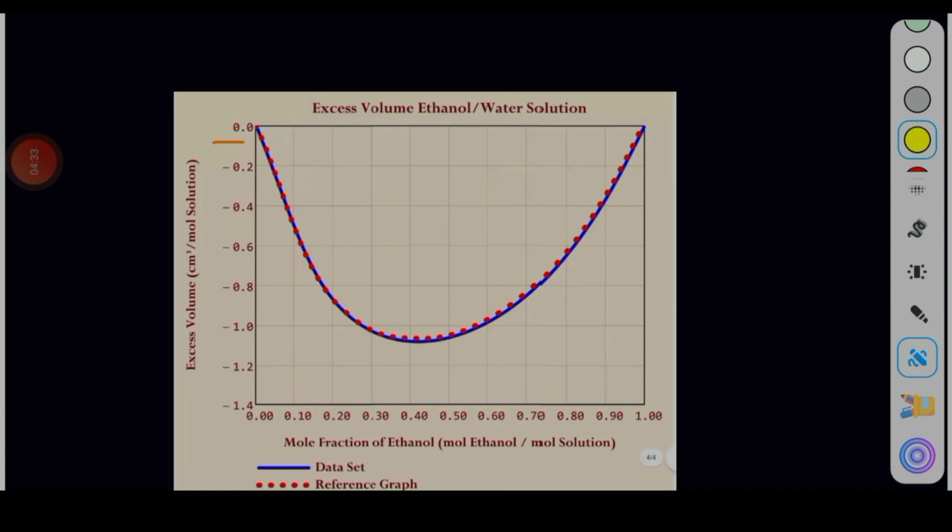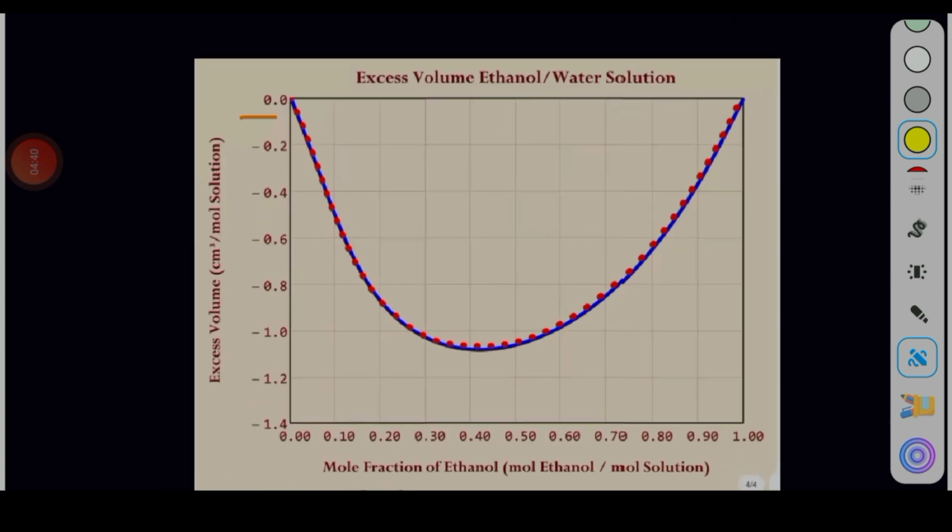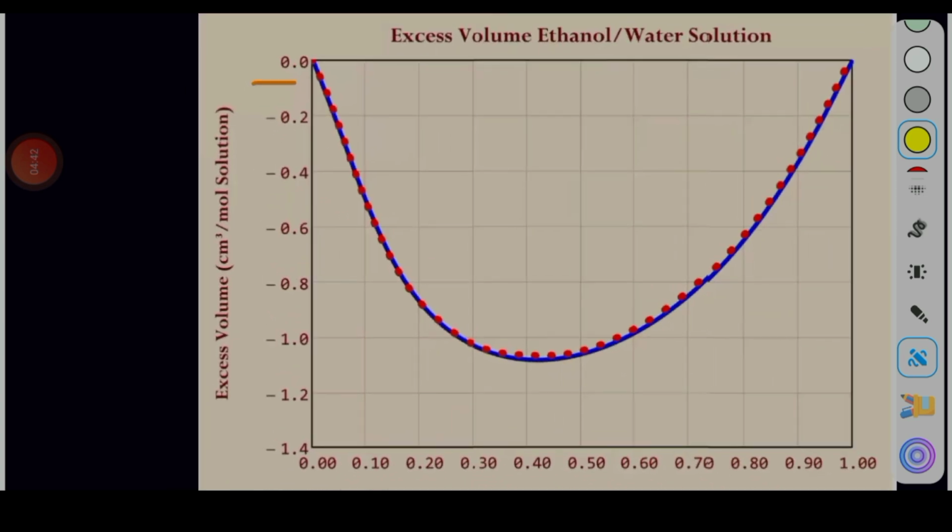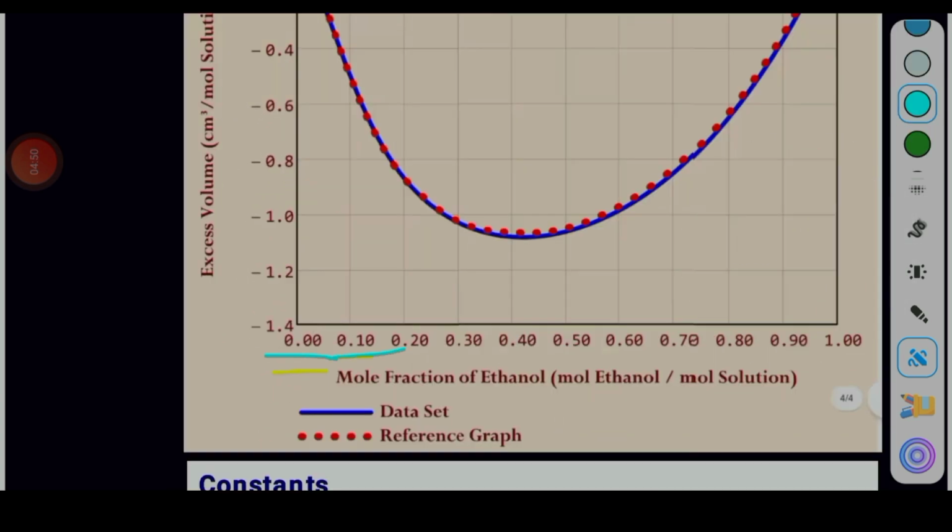This is an experimental graph. It's about the excess volume of ethanol solution. You can see that this excess volume is negative. These are the mole fraction of ethanol.